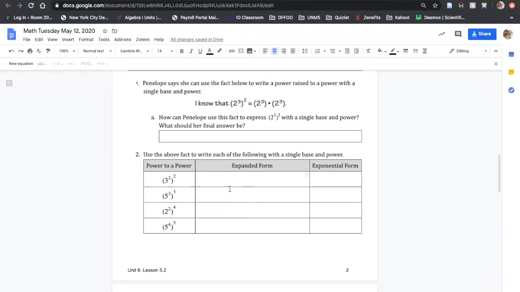Just like the example up top here, the way that I would re-express that is I would just say that's 3 squared times 3 squared.